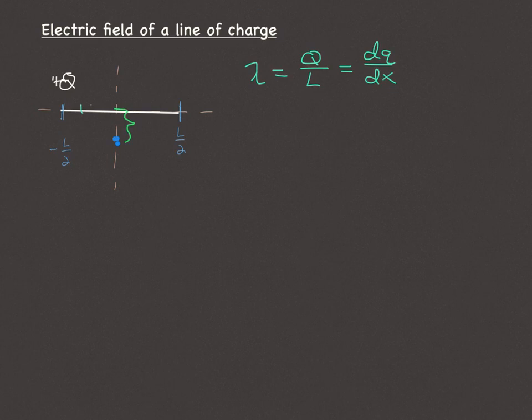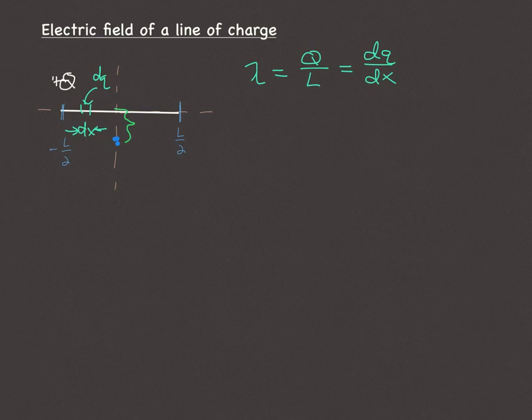So if I look at a little section of that line of charge, there would only be a small portion of that total charge in that location.